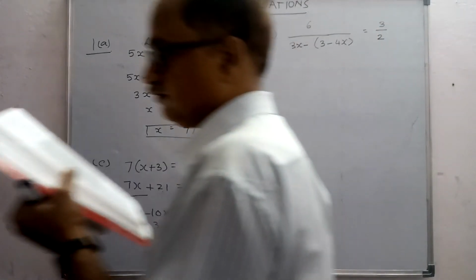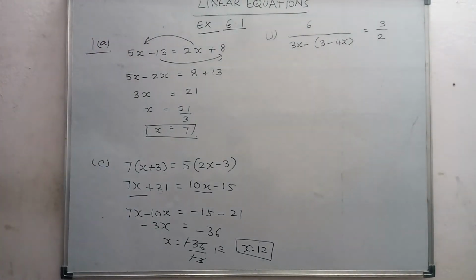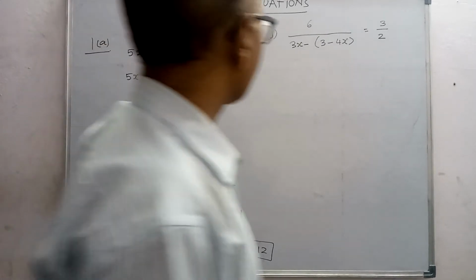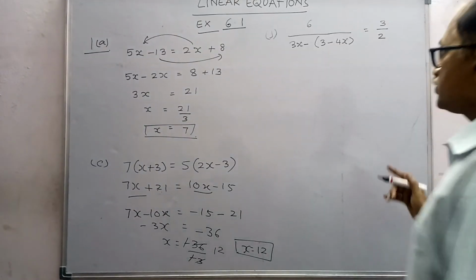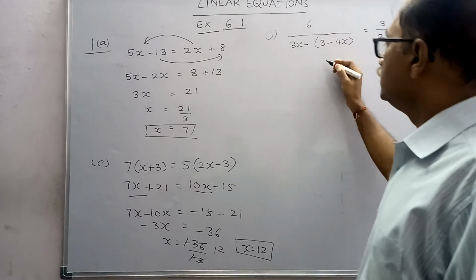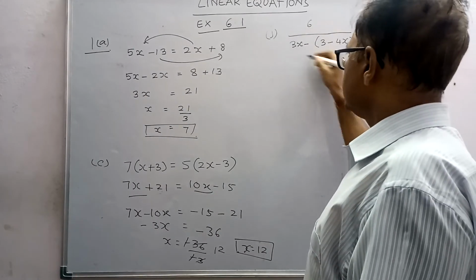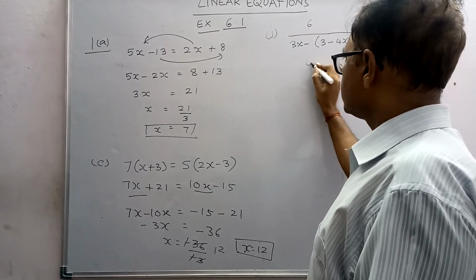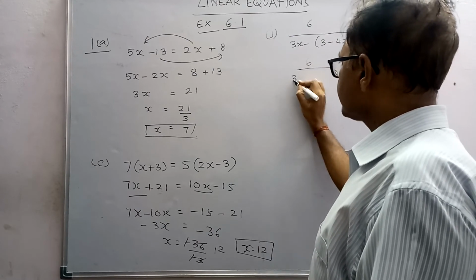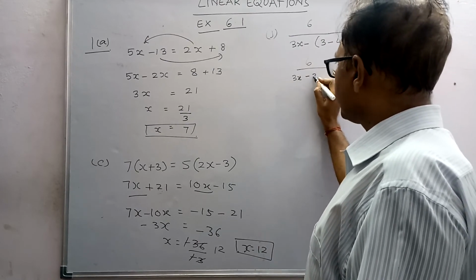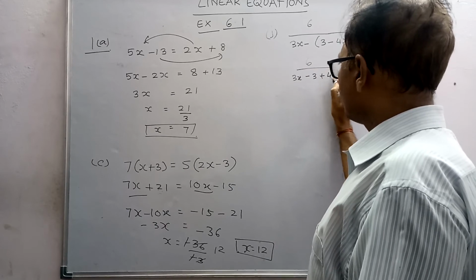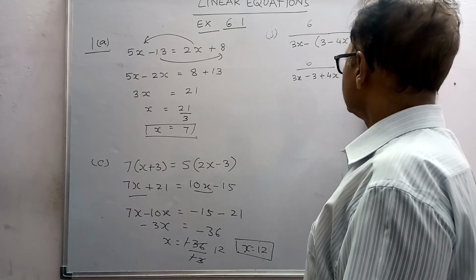This is the question here. So first of all, you open this bracket in the denominator: 6 upon 3x minus 3 minus minus plus 4x, that is equal to 3 by 2.